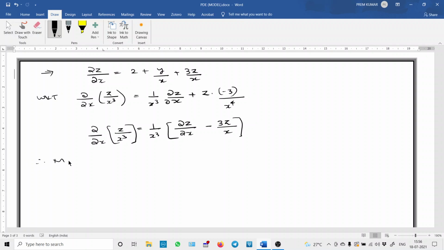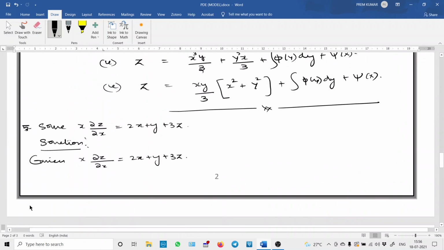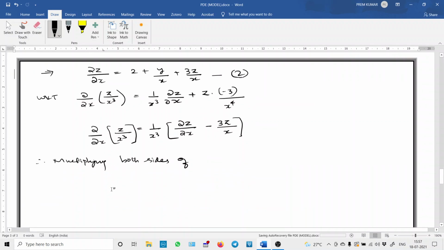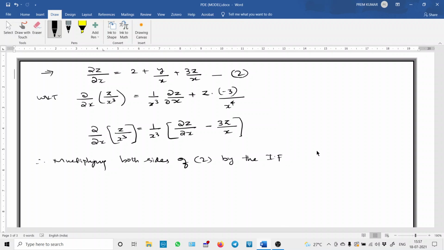Therefore what we are going to do is multiply both sides. I will give names to these equations: I name the given differential equation as 1, and this one I name as 2. Now we multiply both sides of the second equation by the integrating factor, say 1/x³. We are multiplying this factor on both sides of 2 so that we can do the integration.